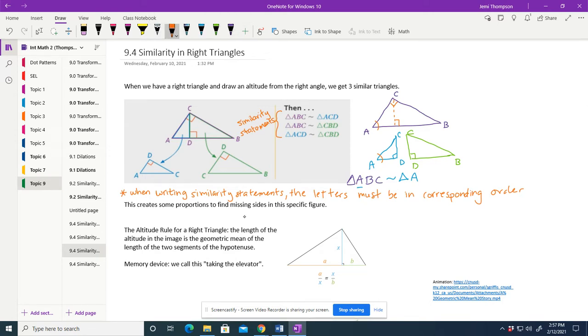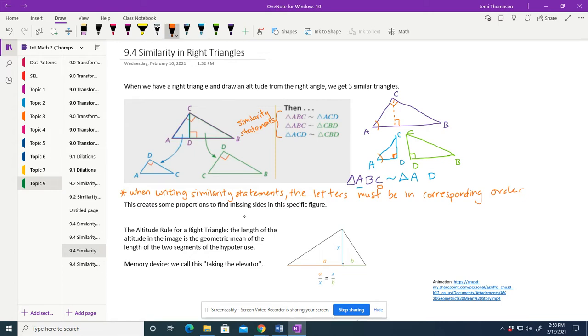Now I also know that in the purple triangle, angle C is a right angle. And right here in my blue triangle, angle D is a right angle. So I know that those correspond. Then I have to find out what angle corresponds to B. Well, if two angles in a triangle are congruent to two angles in another triangle, then it's automatic that the third angle is congruent because all triangles have to add up to 180 degrees.